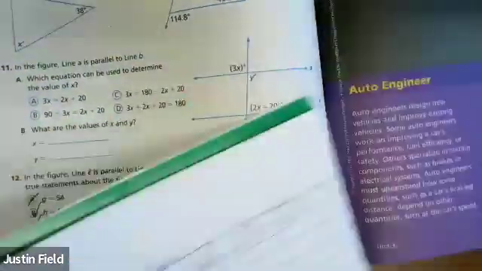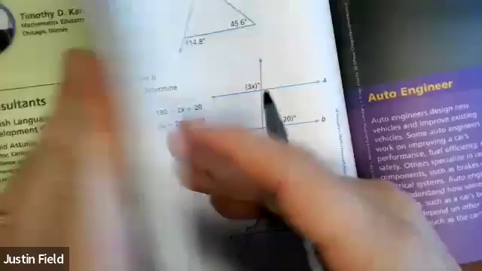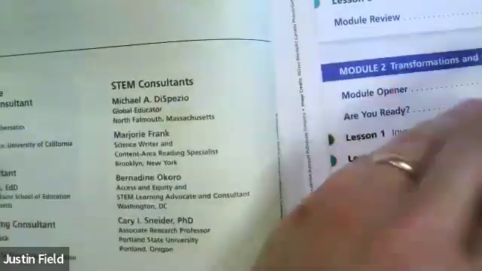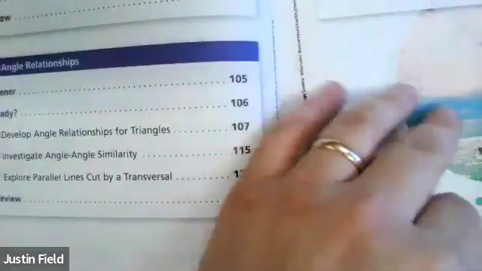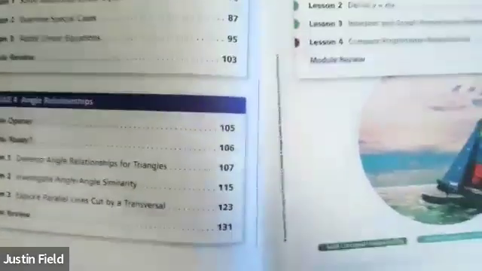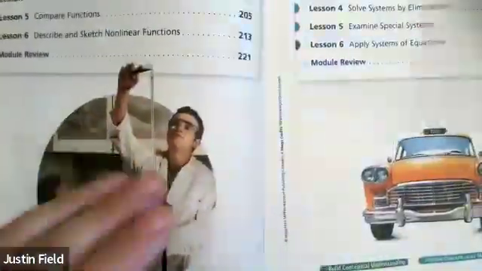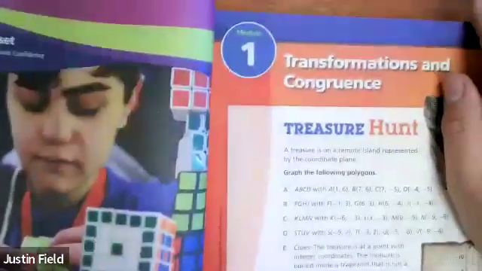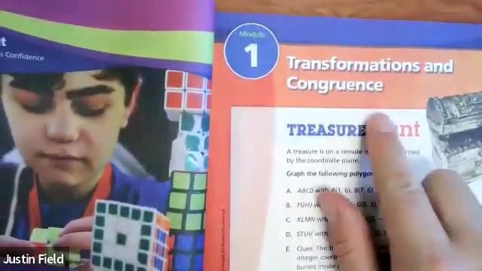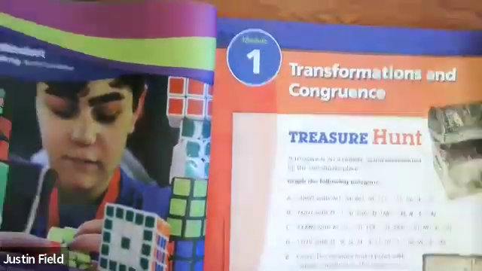Now we're going to head on over to the beginning of the book, because now we're going to talk about transformations. Okay, transformations and congruence. Ooh, treasure hunt. That sounds fun.